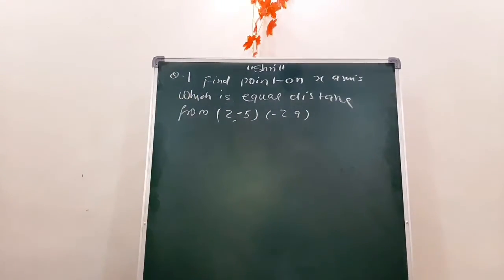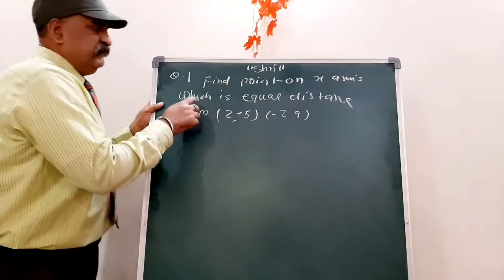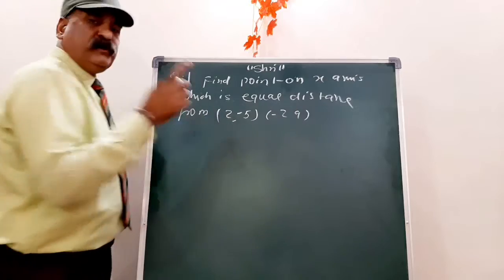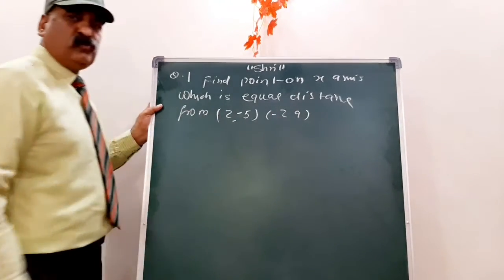Let us see. Find the point on the x-axis which is at equal distance from the points 2, minus 5 and minus 2, 9.